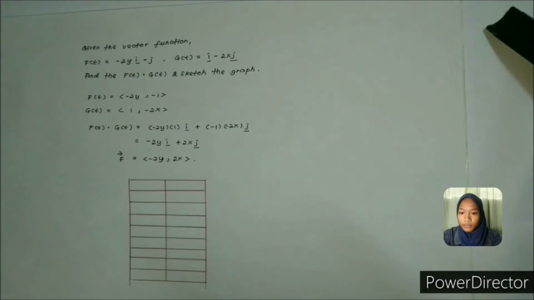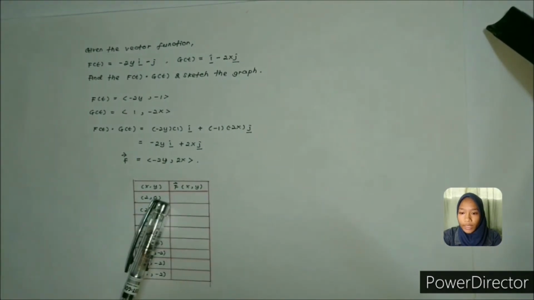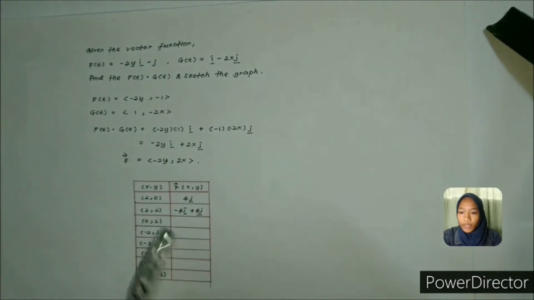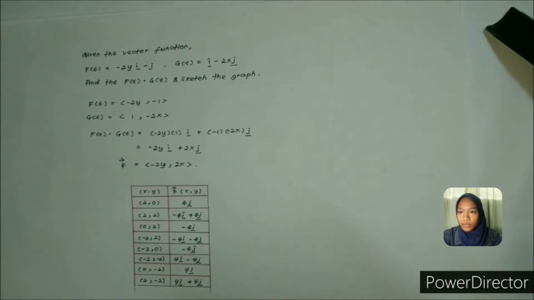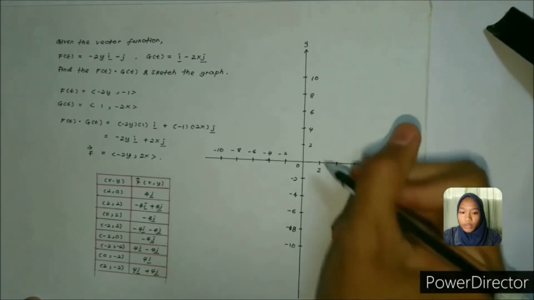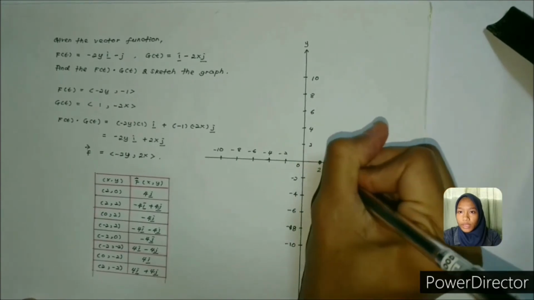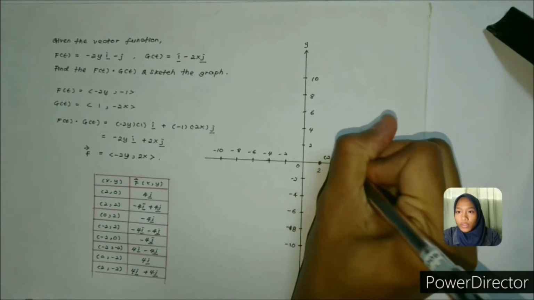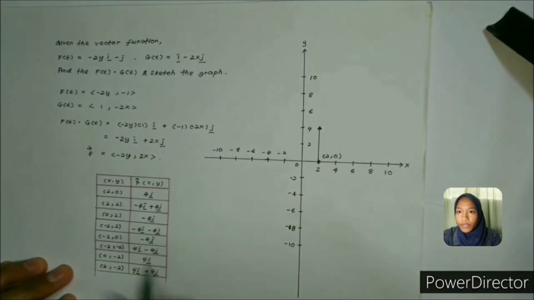Before sketching, we need to find the values of x and y. Draw the table and substitute x and y to get the vector value. When x equals 2 and y equals 0, we get the vector 4j. The j vector points up by 4.